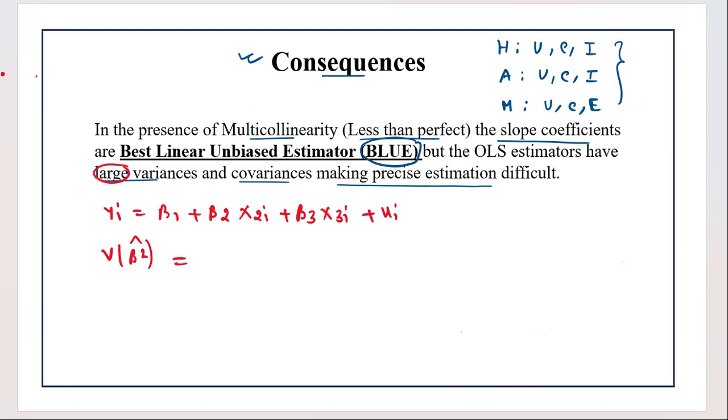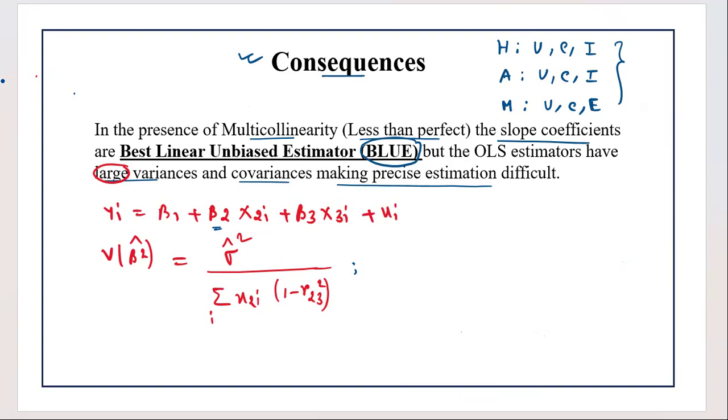So what will be the formula? The formula is something like this: sigma cap square upon summation of small x2i square times 1 minus R23 square. As of now, please just see this formula. I will be deriving everything. If you want to find the variance of this particular slope coefficient, then this will be the formula.